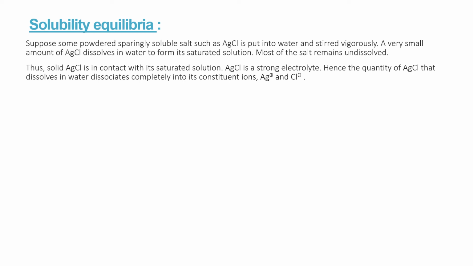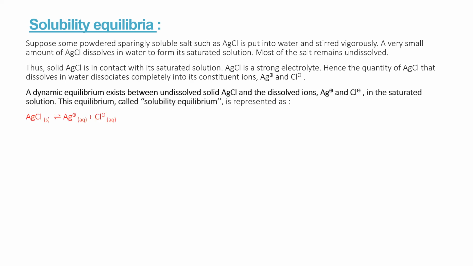AgCl is a strong electrolyte. Hence, the quantity of AgCl that dissolves in water gives you the constituent ions, that is Ag+ and Cl-. So next, there is a dynamic equilibrium between what?